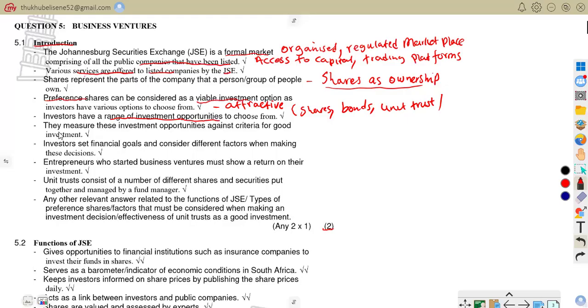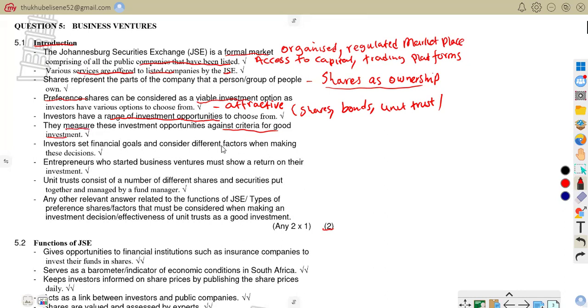Also, they measure these investment opportunities against the criteria for good investment.